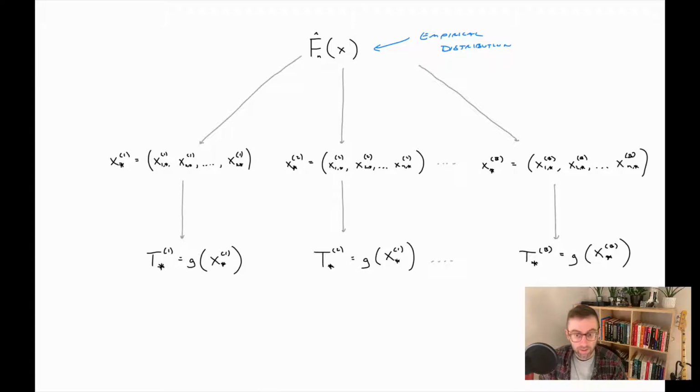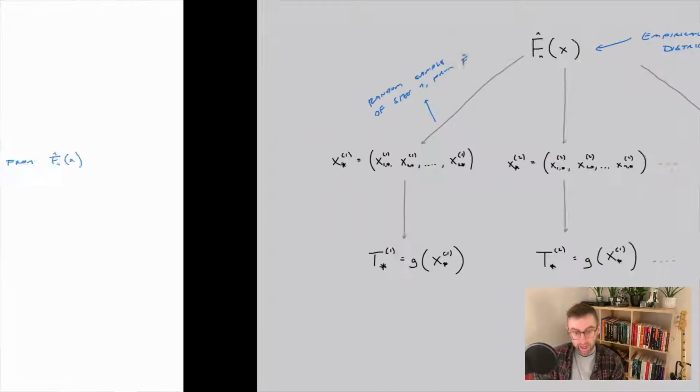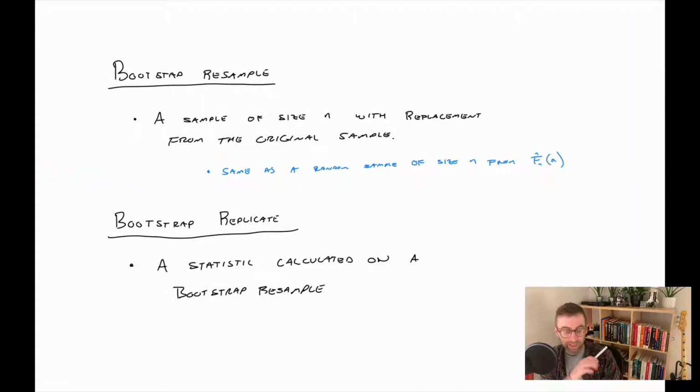And again, this here is a random sample of size n from f hat. And again, this is equivalent to just taking the original data set and picking n random observations from it with replacement. Same thing.